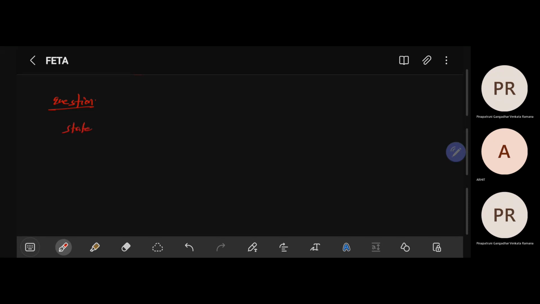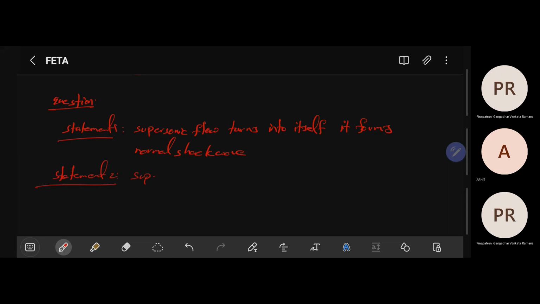Statement one is like this: supersonic flow turns into itself, it forms a normal shockwave. Similarly, statement two: supersonic flow turns away from itself, it forms expansion waves. Which statement is correct?